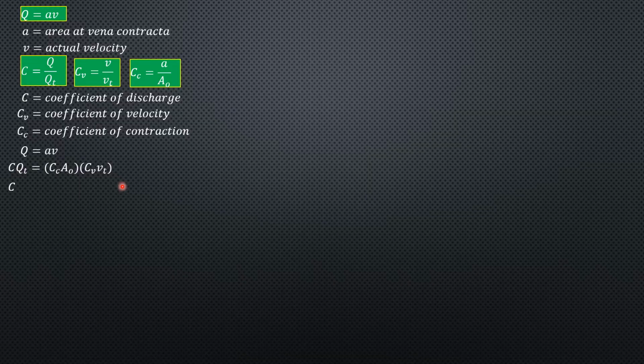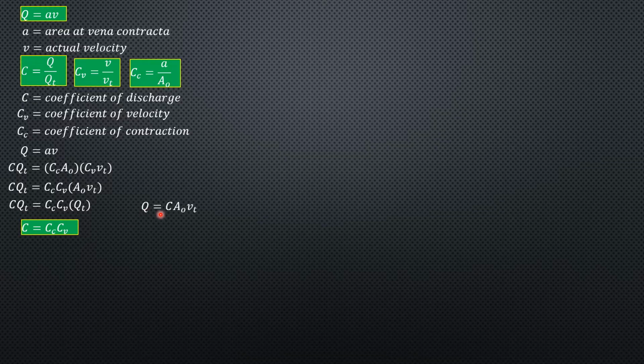So rearranging, C sub D Q sub D equals C sub C C sub V times quantity area O V sub D, where area O V sub D is the theoretical discharge. So we can cancel theoretical discharge. So the relationship among these three coefficients is coefficient of discharge is the product of coefficient of contraction and coefficient of velocity.